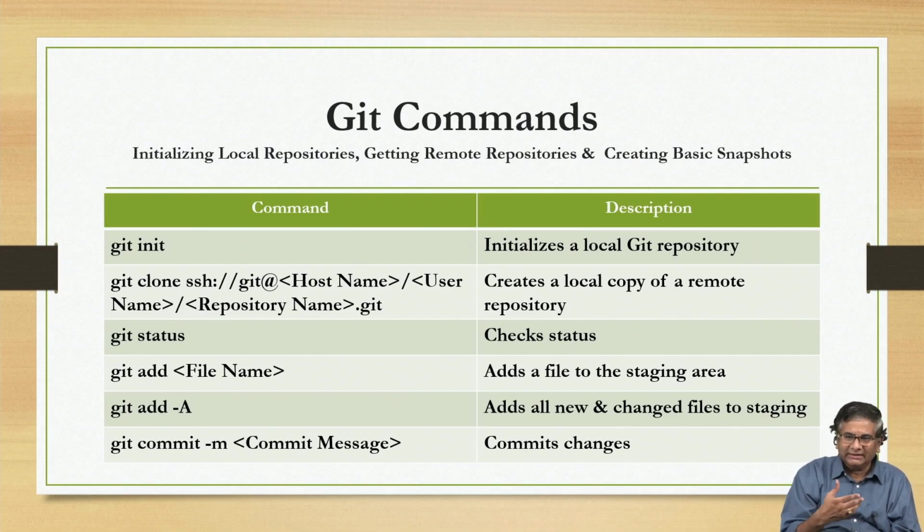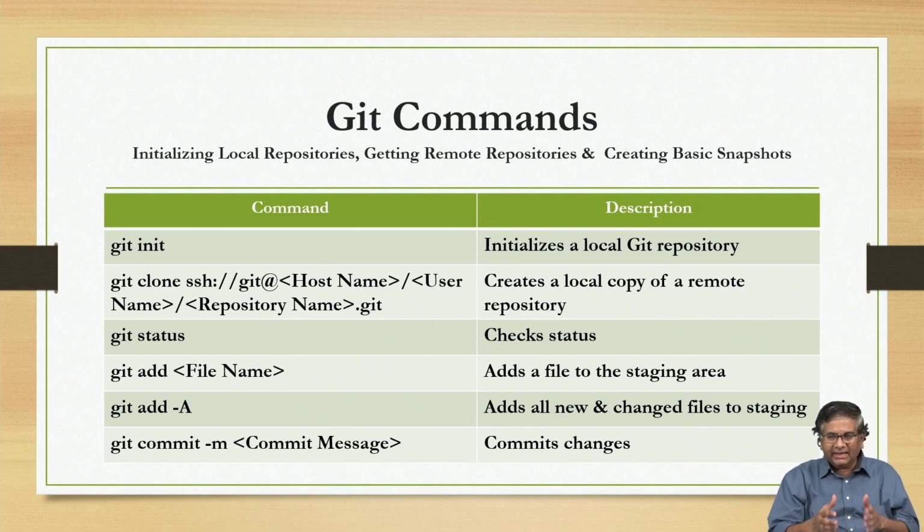Git status, this command will give you the status of files in the current directory with respect to the Git repository. That means the current directory has to be part of a Git repository, and it shows how the files in the directory are connected to it.